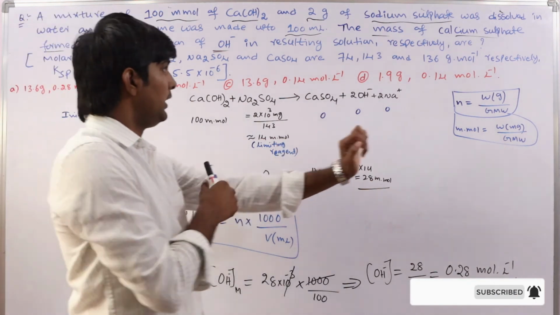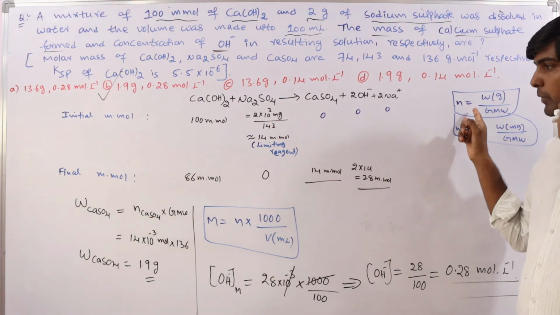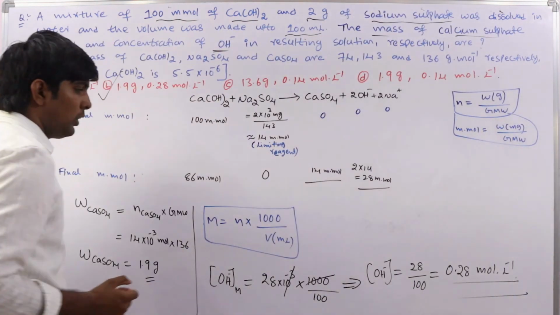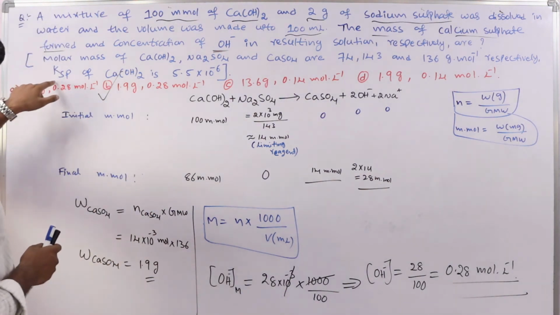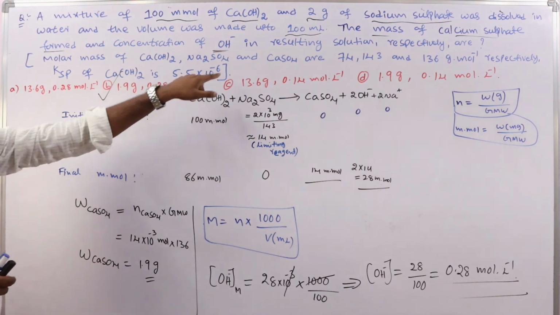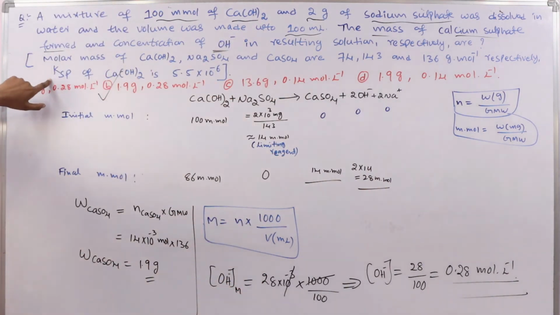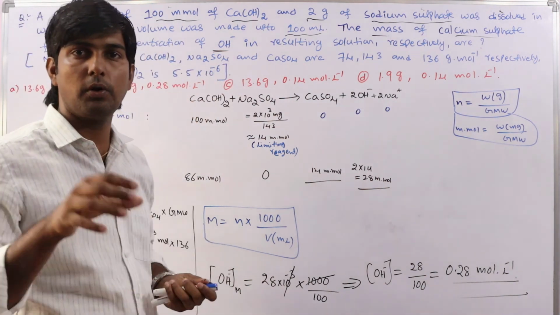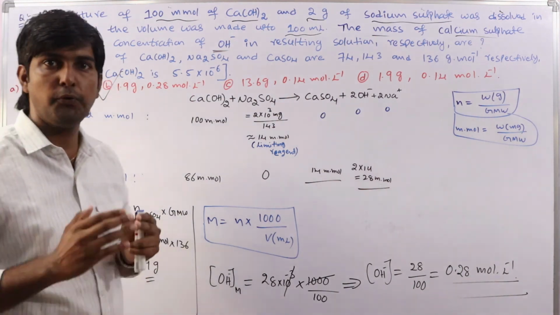Very simple, but different concepts. Here we are using the number of moles formula, the limiting reagent concept and the molarity formula. If you observe, we didn't use the KSP anywhere in the problem. Yes or no? We didn't use the KSP anywhere, but they give this type of values to confuse and fool the students.